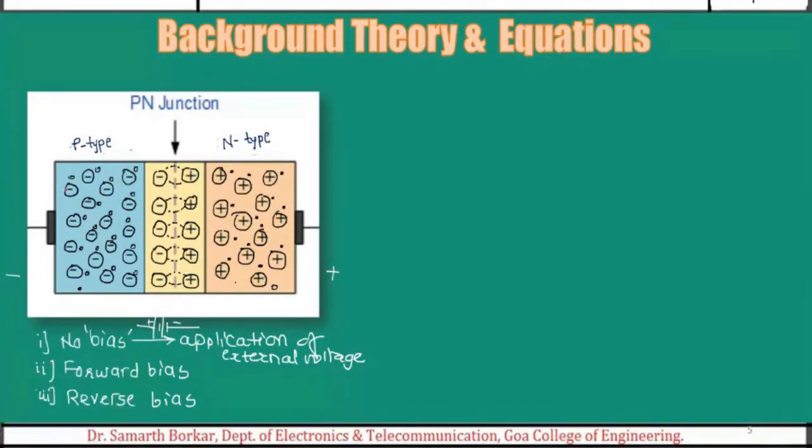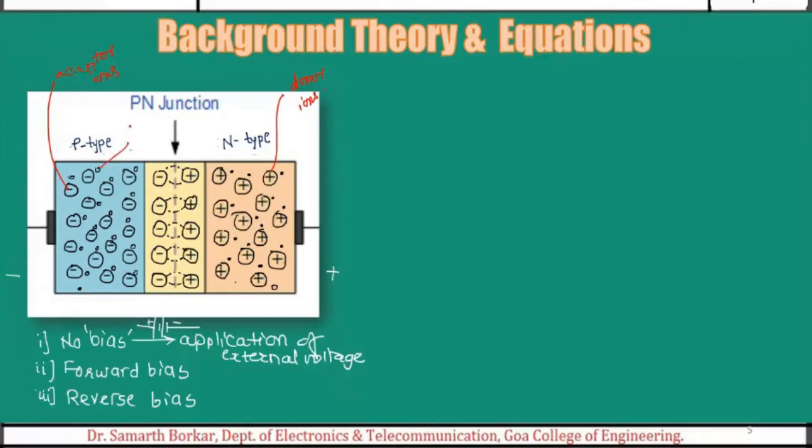These are the acceptor ions. Ions are immobile, they are fixed at their position. These are the donor ions. Pentavalent impurity gives us the donors. Trivalent impurity gives us the acceptors.